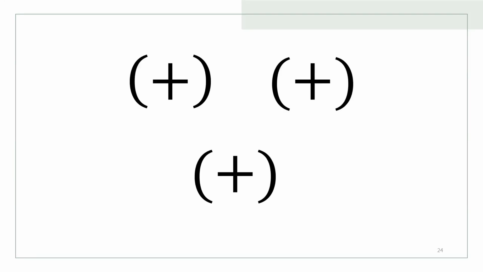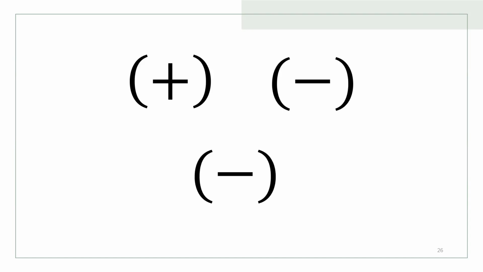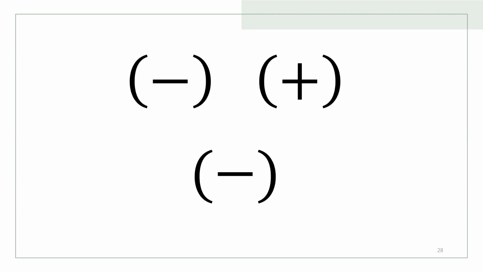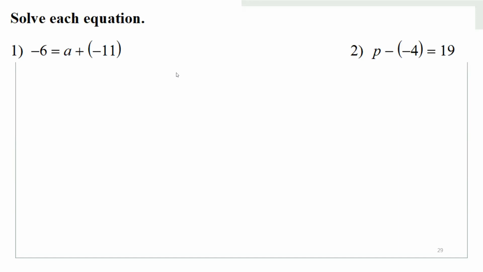Name that sign. That's a negative. Name that sign. It's positive. Ooh, I did too many positives in a row. Gotta get that out of there. Name that sign. Negative. Name that sign. Positive. Name that sign. Negative. Okay, oh good, we're done.